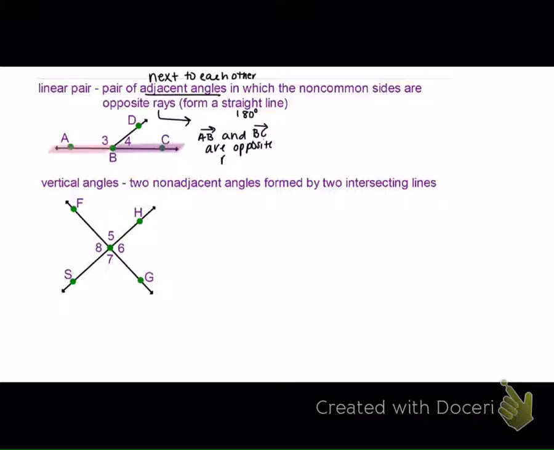And notice how I put the hat on top of the AB and BC. They have one arrow. So when it's talking about the opposite rays, those are opposite rays.